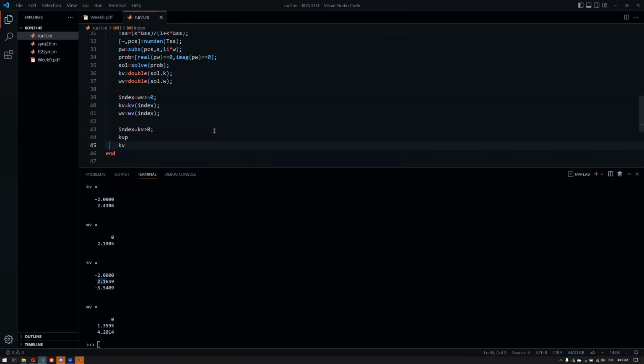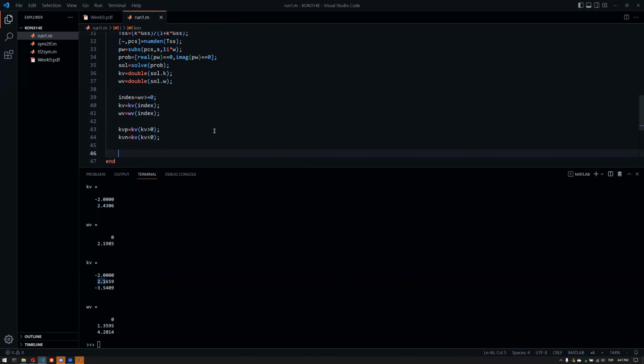I'm not that interested in that. In omega, I'm more interested in kv positive values here. So let's have an index here, and let's say kv positive, and kv negative here.